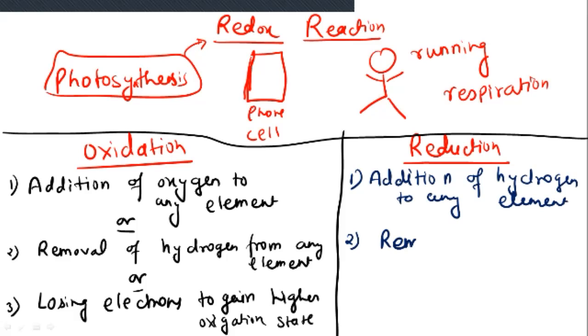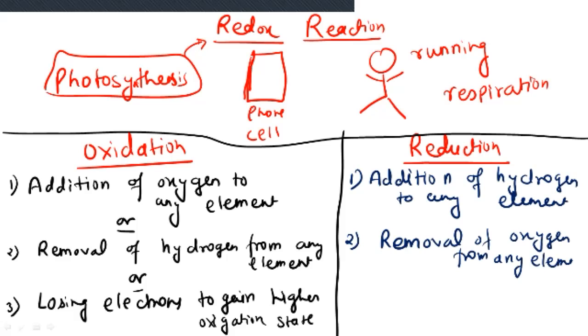The second one is removal of oxygen, opposite to the oxidation, exactly the opposite of oxidation, removal of oxygen from any element, from any element. And the third one we have is gaining electrons. We could not have the examples for this, but you can definitely take some examples and understand this.